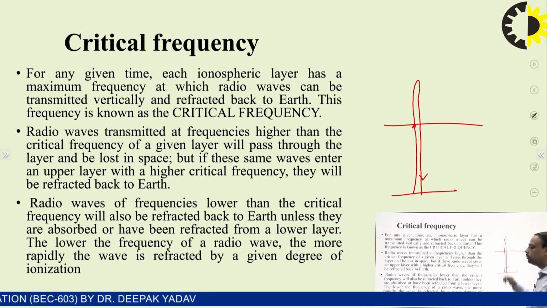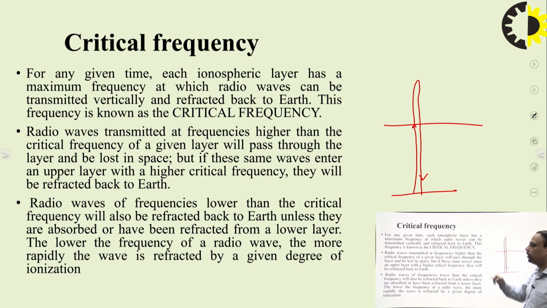The maximum frequency which enters the ionosphere vertically and is reflected back to the earth's surface is known as the critical frequency. It is represented by Fc, and it is for the vertical entry of the wave into the ionosphere.